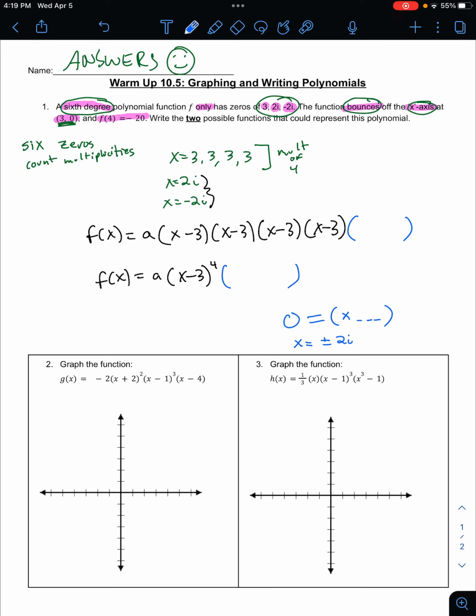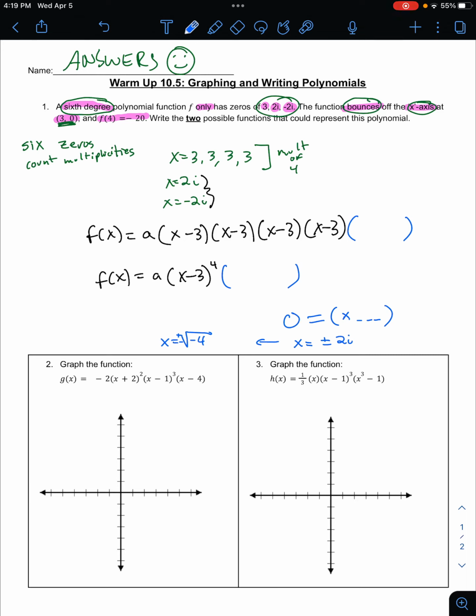Well, we get i when we take the square root of a negative. So I can think backwards and say, well, I must have taken x equal to be plus or minus the square root of negative 4, because that would lead me to 2i. The square root of 4 is 2, and the square root of negative 4 is 2i.